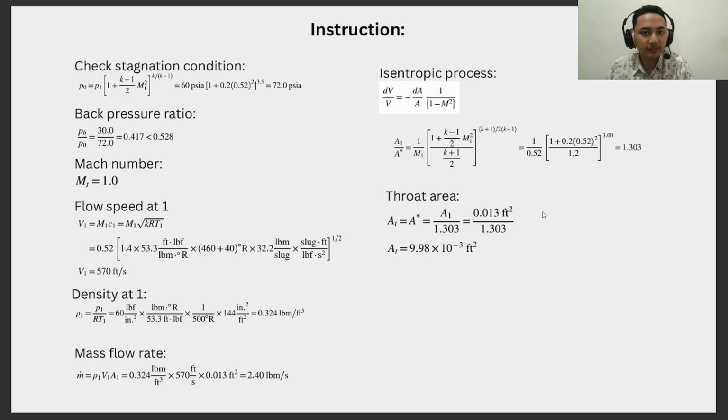And then we find the mass flow rate, and then we use the isentropic process, and we see that the area ratio is 1.303. And then we find the throat area equals to 9.98 times 10 to the power of negative 3 square feet.